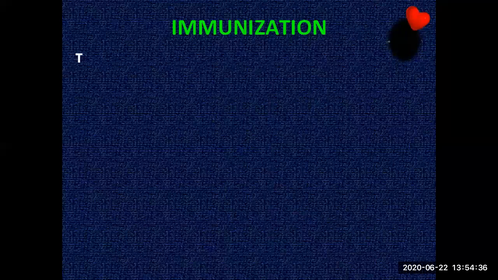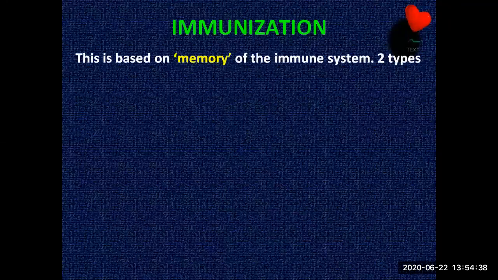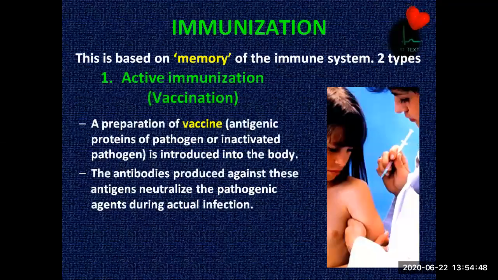So memory of the immune system, we are talking about that immunization is based on the memory of the immune system. Active immunization, what do you call technically? Artificial active acquired immunity. In this, a preparation of vaccine, antigenic proteins of pathogen are inactivated and introduced into the body.